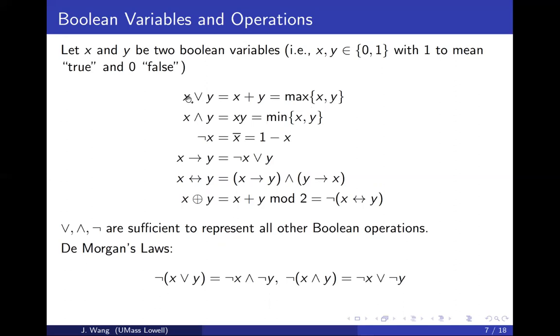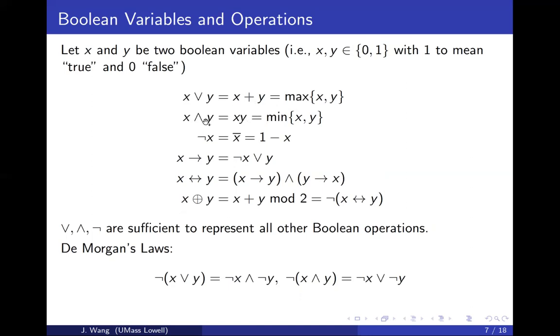That means if one of X and Y is 1, then it's always 1. If both of them are 0, then this is 0. And X and Y, sometimes we write XY. This is like addition, and this is like multiplication. It is equal to 1 only when both of them are 1.